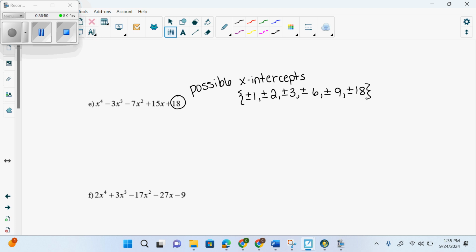And we'd have to try them with the remainder theorem, plugging them in until we get a remainder of 0, correct? We didn't have our calculators. But everyone's going to type this into their calculator, into your y1. Type it in, and get me the smallest x-intercept. You can get me any of them. Actually, get me whatever one you want. I just want an x-intercept from x to the 4 minus 3x cubed minus 7x squared plus 15x plus 18. One of the x-intercepts.